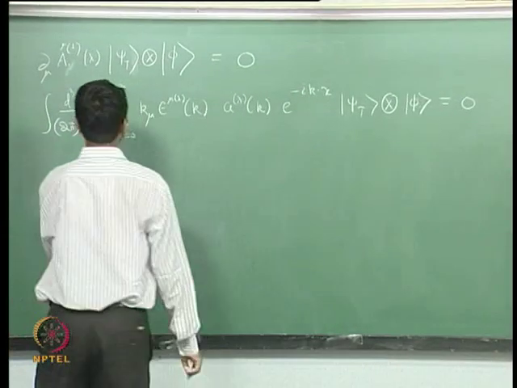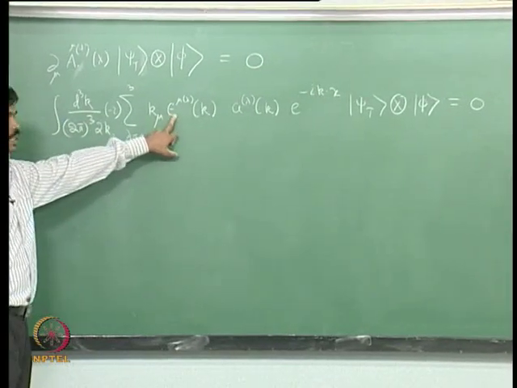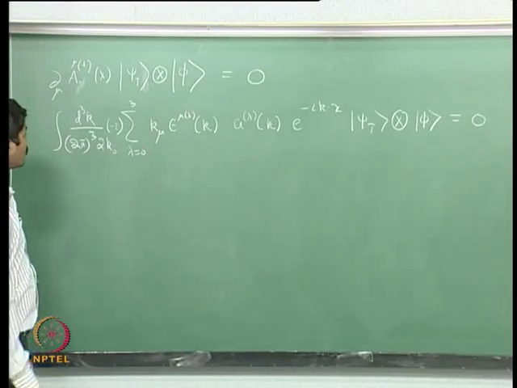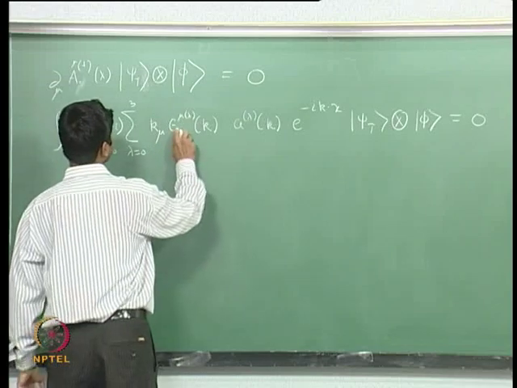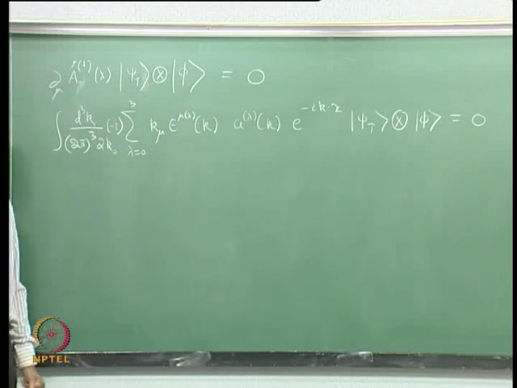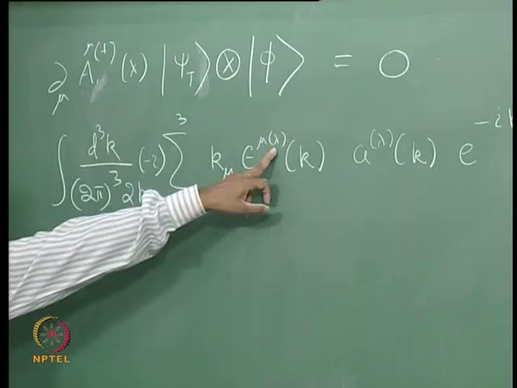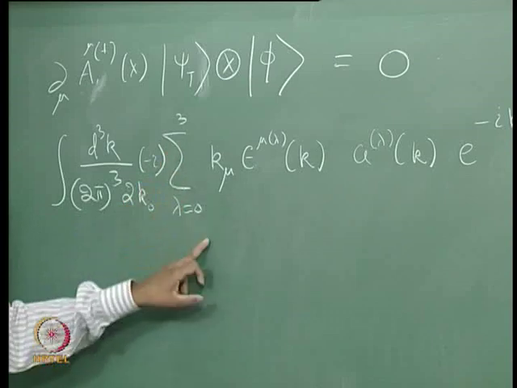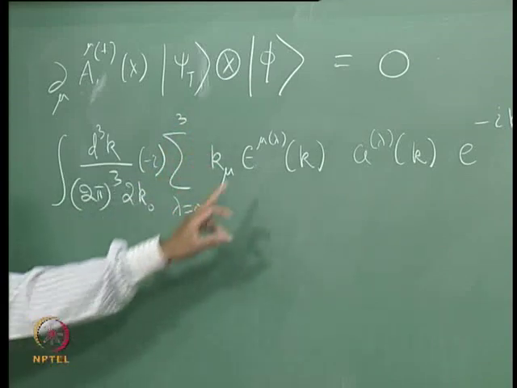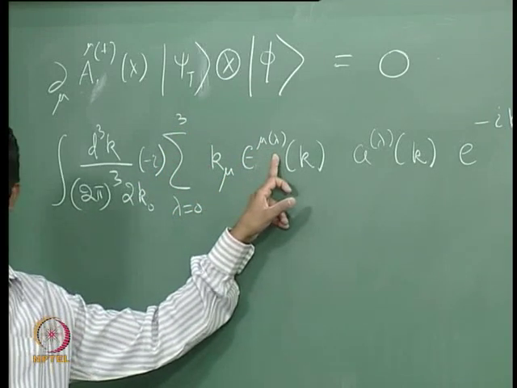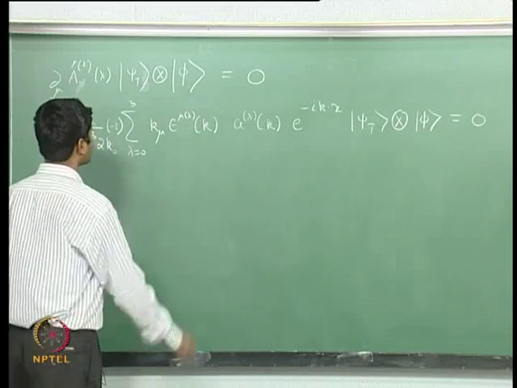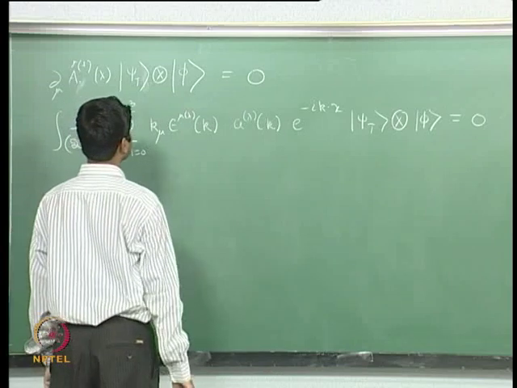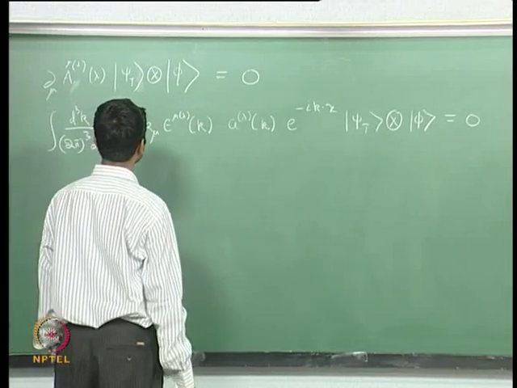Now, because of this appearance of this k mu here, the transverse polarizations will simply go away, right? Because for lambda equal to 1 and 2, this is simply 0, although lambda is summed over all the values. Lambda equal to 1 and 2 correspond to the transverse polarization. So, this simply kills the lambda equal to 1 and 2.